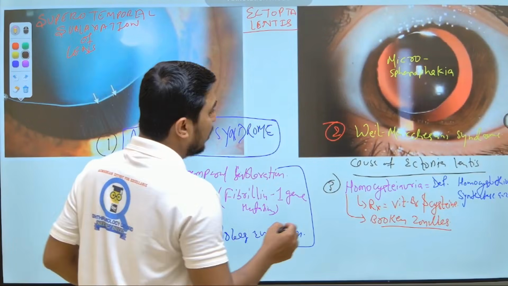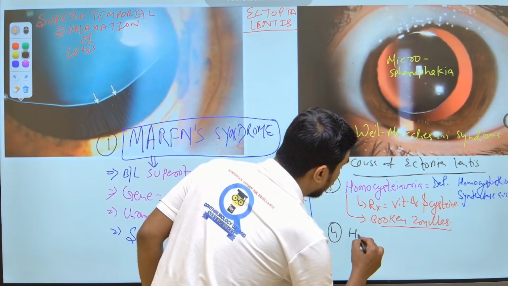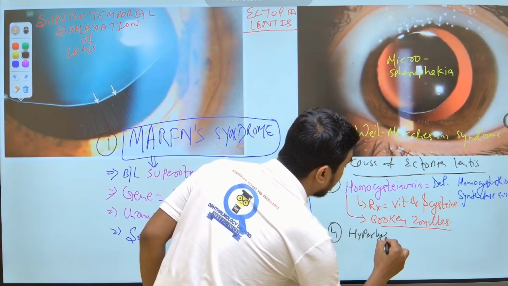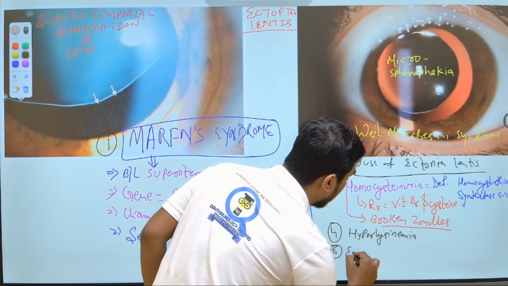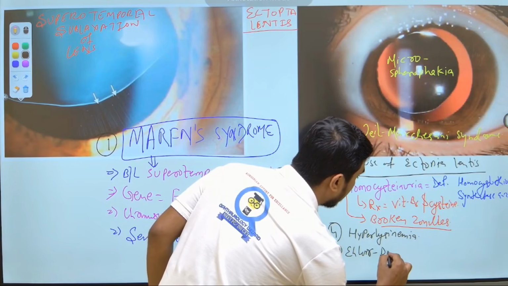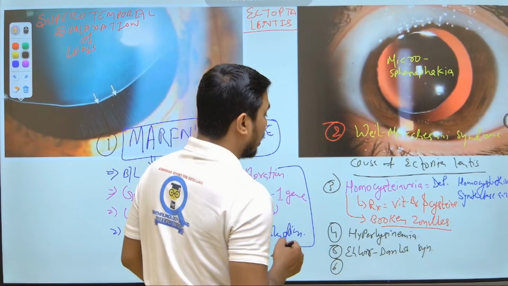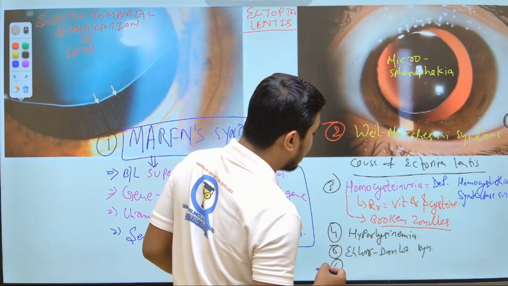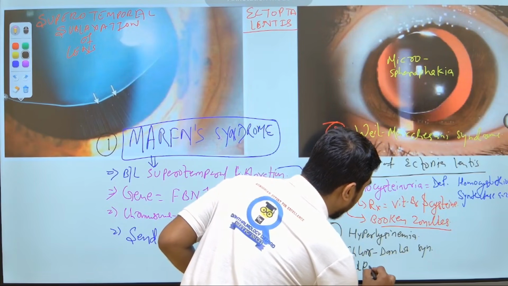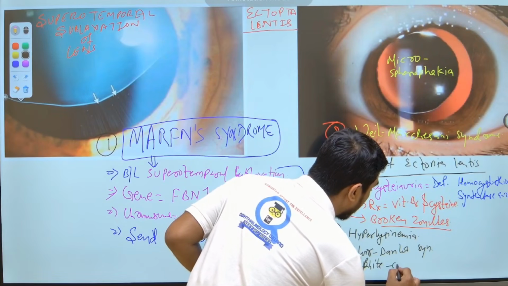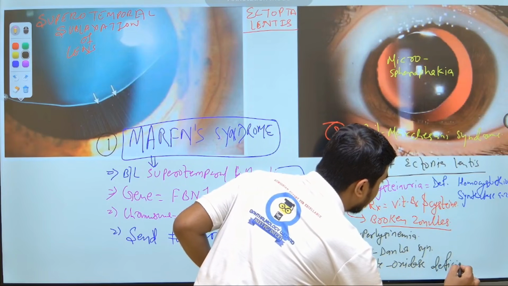Other causes of the ectopia lentis that you need to remember are hyperlysinemia, Ehlers-Danlos syndrome, and sulfite oxidase deficiency.